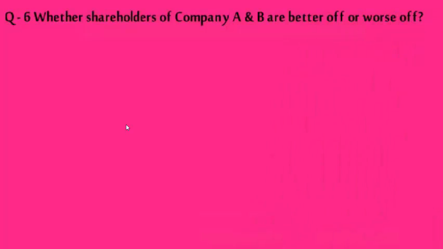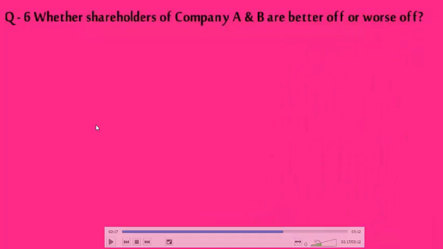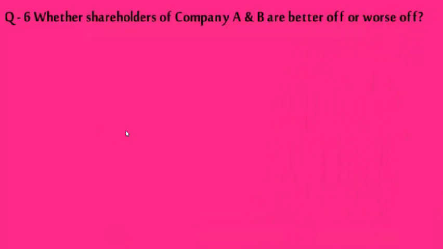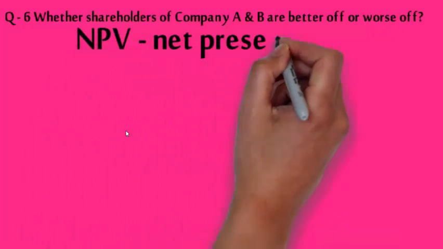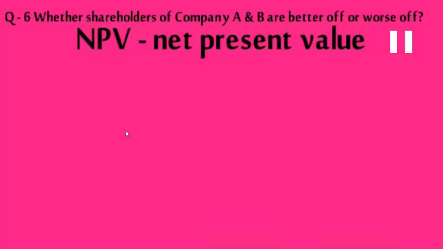Now this is one of the important questions, that whether shareholders of company A and B are better off or worse off. That means they are in profit or loss, or in simple terms the question is asking us to calculate the net present value.